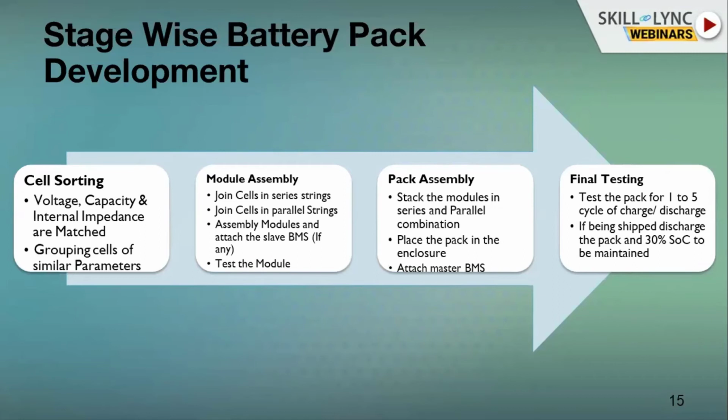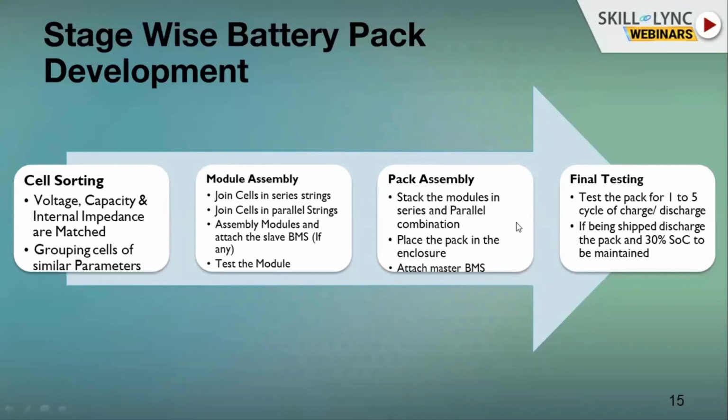And all these modules are put together in a pack, and all the modules are connected in series or parallel as per the required configuration, and they're put in the enclosure. And then the last one is the master BMS, which is placed inside the pack. So master BMS is nothing but a BMS. If the pack is big, each module will have its slave BMS, which is controlled by a master BMS.